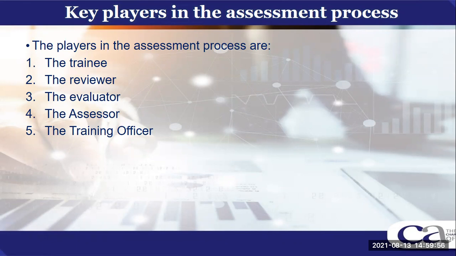Then after the trainee has initiated the process, the documents come to the reviewer. The reviewer is the person the trainee reports to directly on a specific task. The reviewer should provide an assessment of the trainee's competence in direct response to the trainee's self-assessment of competency on a particular job.